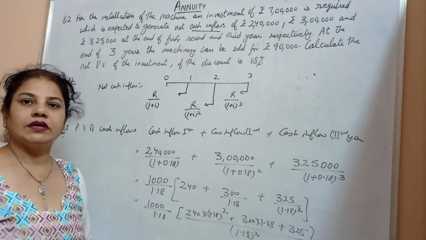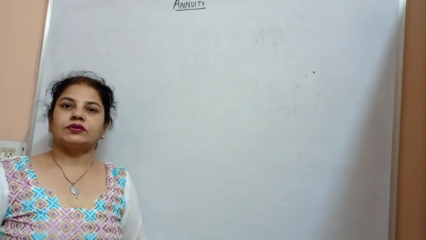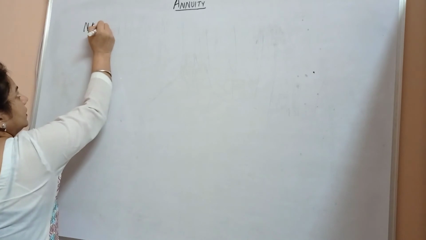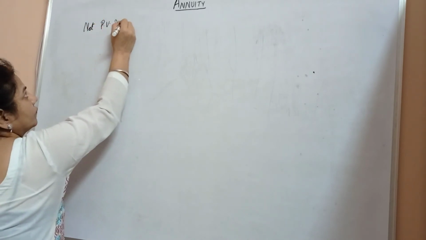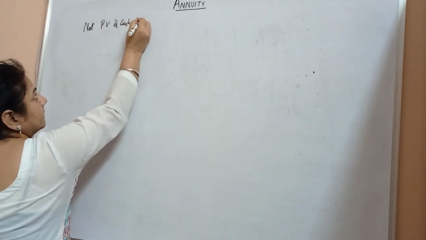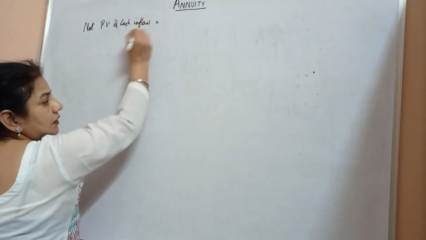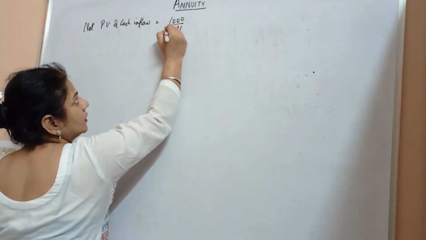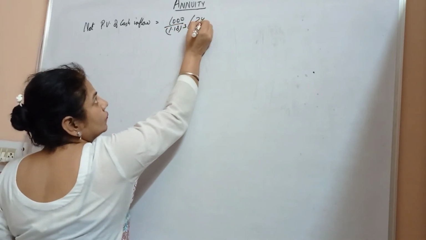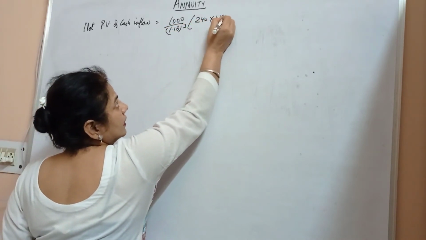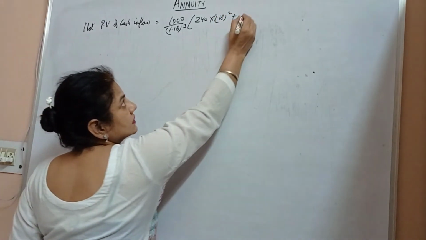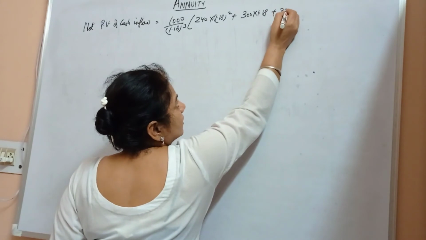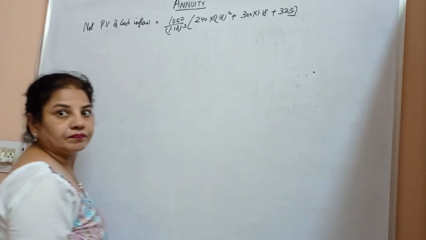Now on solving, the net present value of cash inflow is equal to 1000 upon 1.18 whole cube, times 240 into 1.18 whole square plus 300 into 1.18 plus 325.